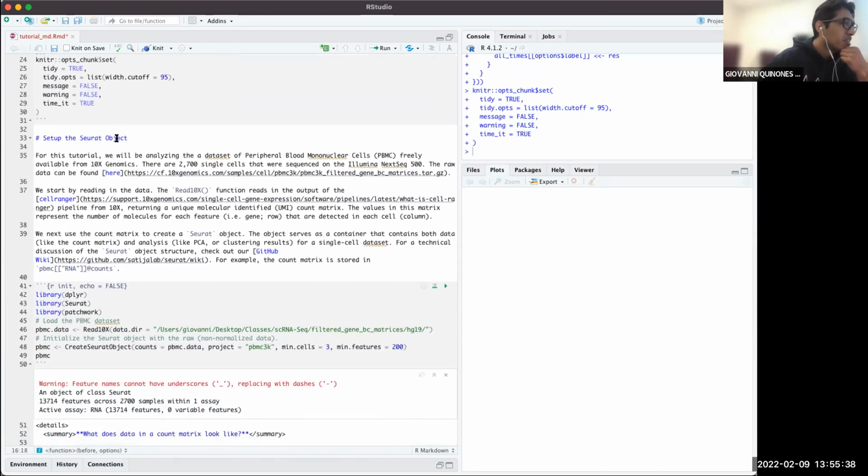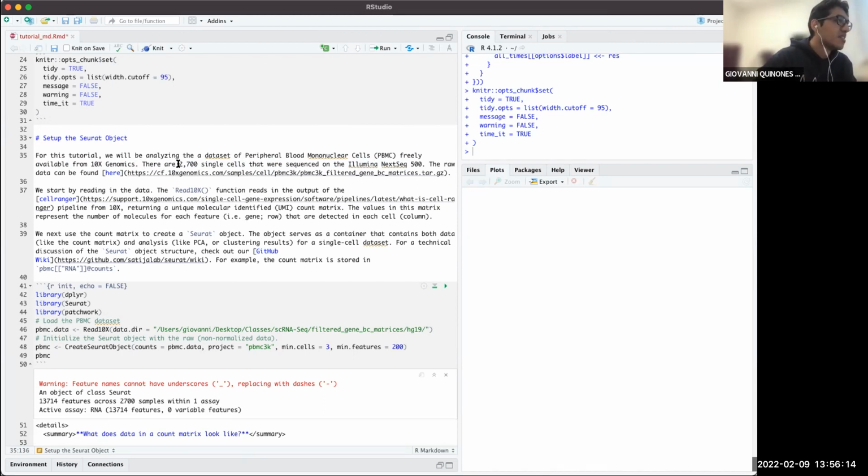Okay, moving on. Here we see a little bit of text, a description of the data set that we're going to be working with. This data set is from peripheral blood mononuclear cells, PBMC. It is freely available at the 10x Genomics website, a public data set for anybody to download and play with.